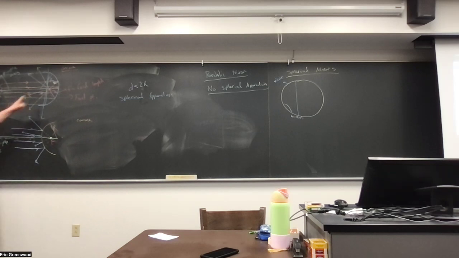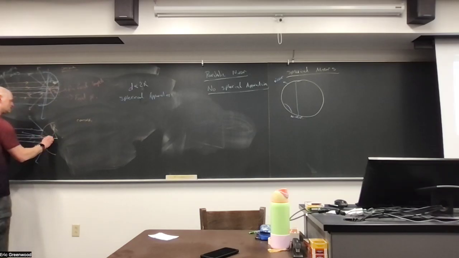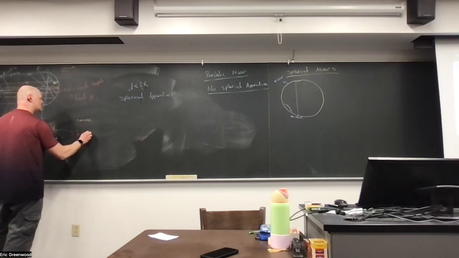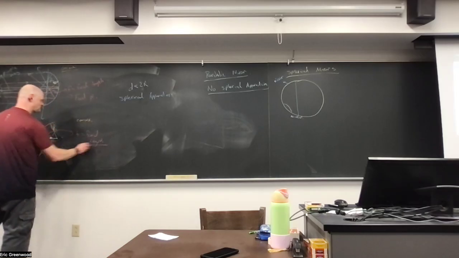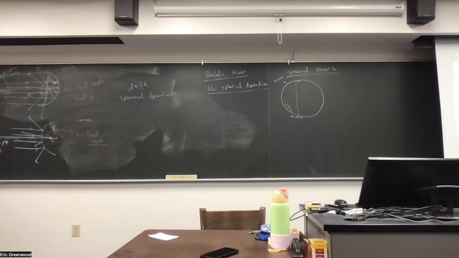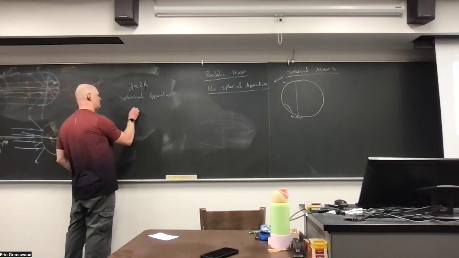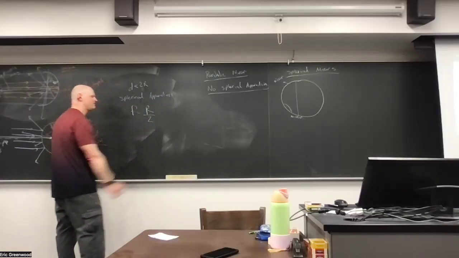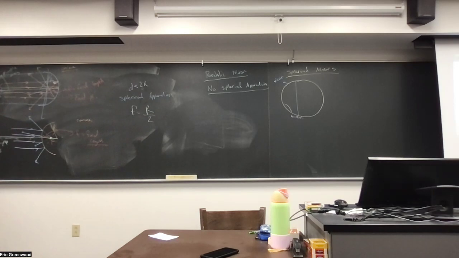On this one, the focal point is on the front side of the mirror. On this one, the focal point is on the back side of the mirror. The distance from the mirror to the location of the focal point is called the focal length, so we're going to call that F again. This is my focal length. It turns out that for spherical mirrors like this, the focal length is exactly equal to 1/2 of the radius of curvature.